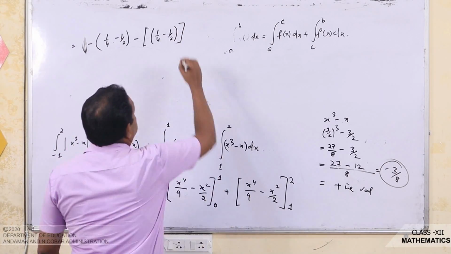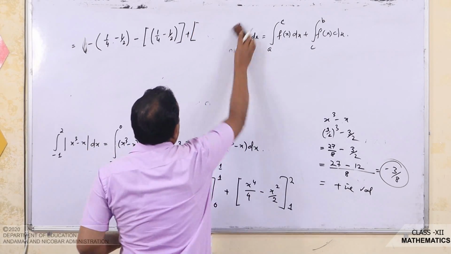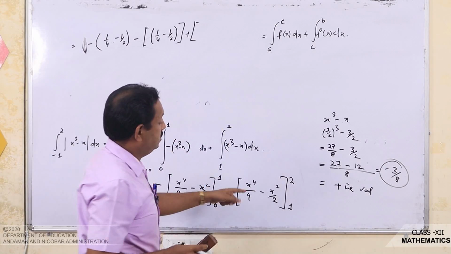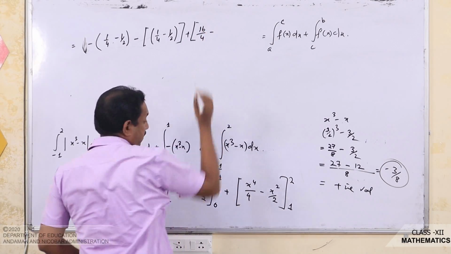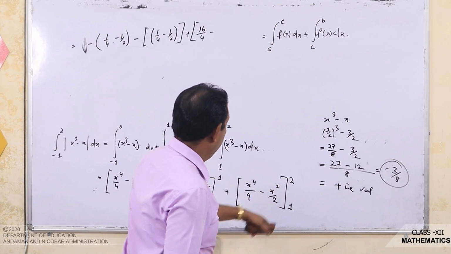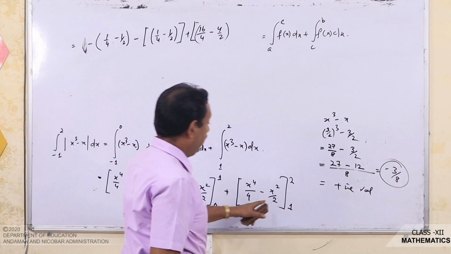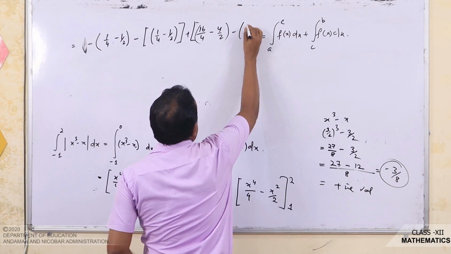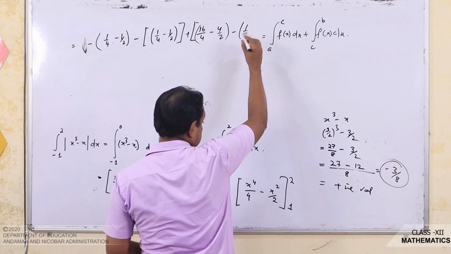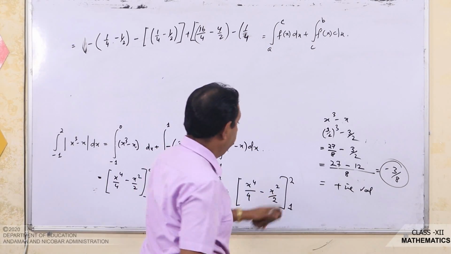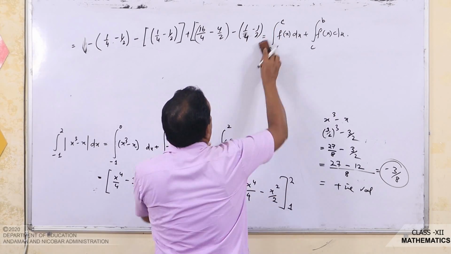Here you will get 2 power 4, that is 16 by 4 minus 4 by 2, this is in one bracket, and minus 1 by 4 minus 1 by 2, and here I close the bracket.